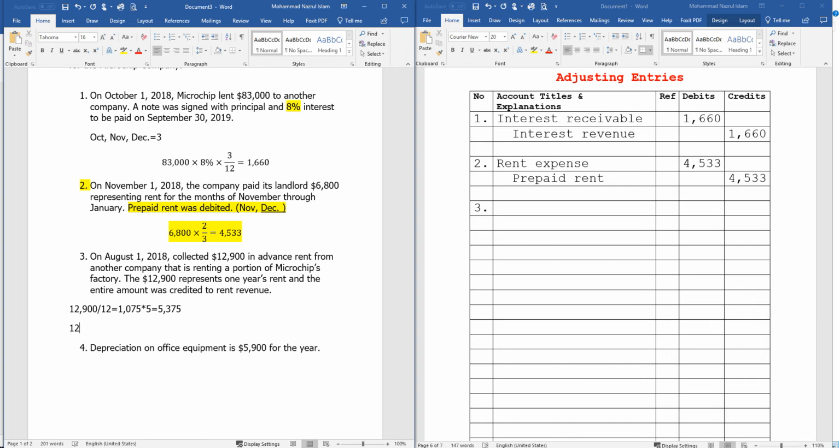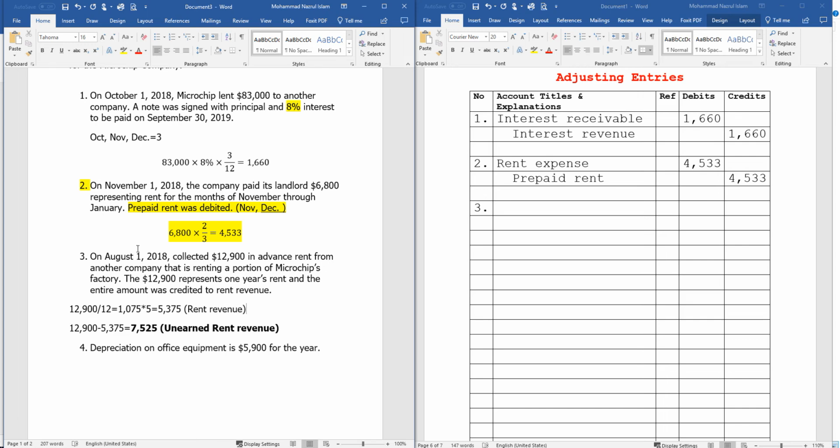Okay, the remaining amount is 7,525. Okay, this is the amount of rent that we have not yet earned. This is unearned rent revenue. Okay, and this is the amount that we have already earned.